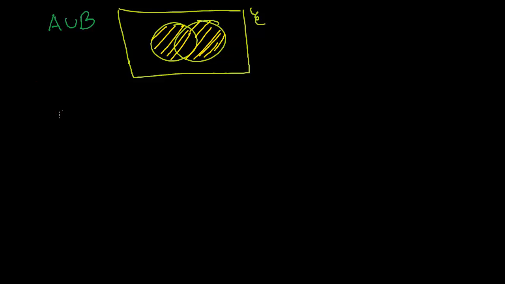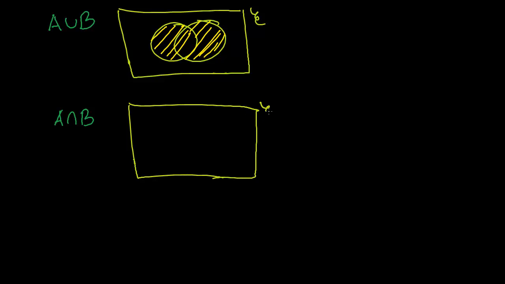Next we have A intersection B. So the Venn diagram: if this is set A, this is set B, then A intersection B is this common region, the region where A and B are overlapping.